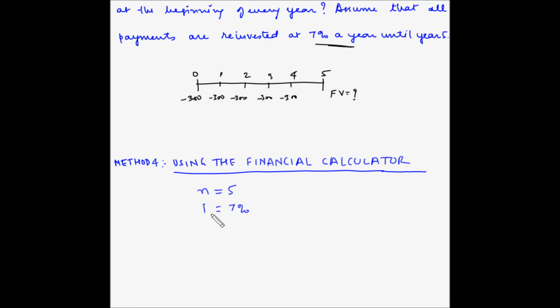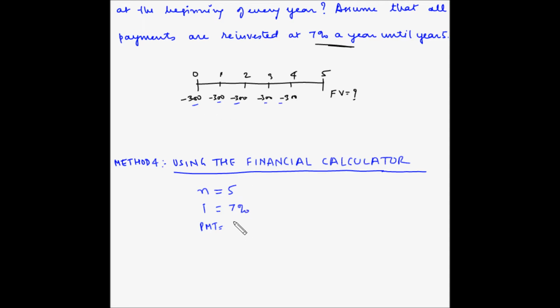Now when we use the value for I in the formula, we make it the rate of interest divided by 100. However, while using the financial calculator, we take the rate of interest as is, that is 7. Then the payment amount, which is nothing but the 300 rupees that we are getting every year.